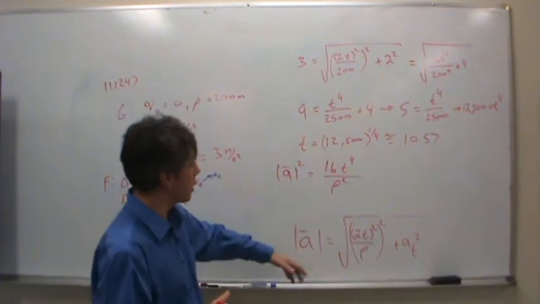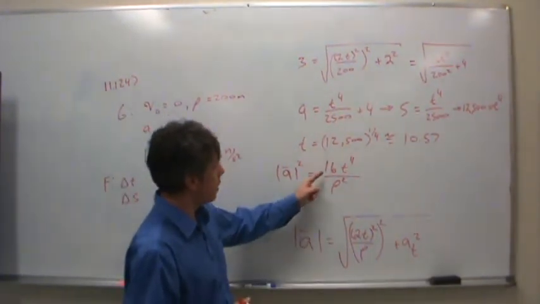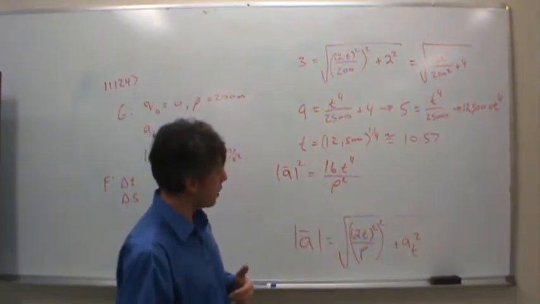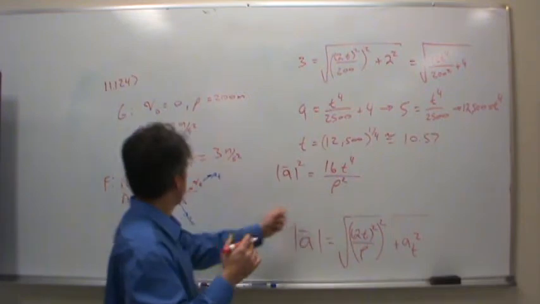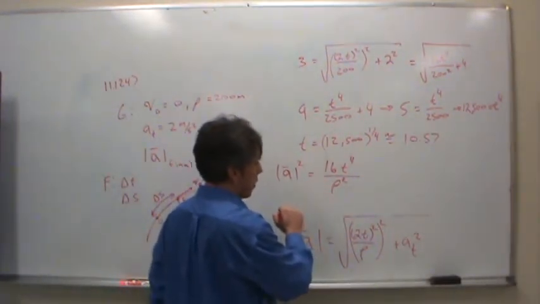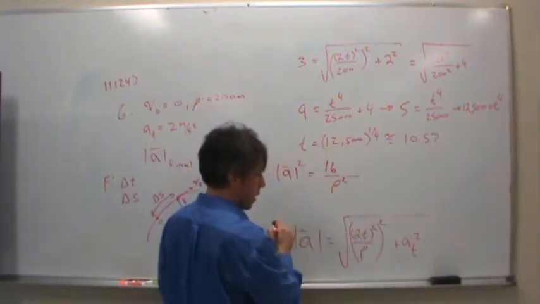I don't remember what it was, but the 16 will end up having units because we really need 2t to have units of velocity, which would be meters per second. So 2 must have come from the tangential acceleration. So this 16 would have units of meters squared per second to the 4th, if I'm thinking right.